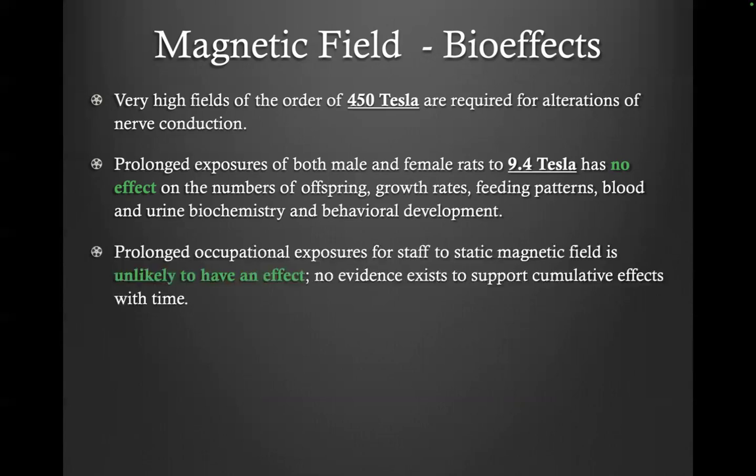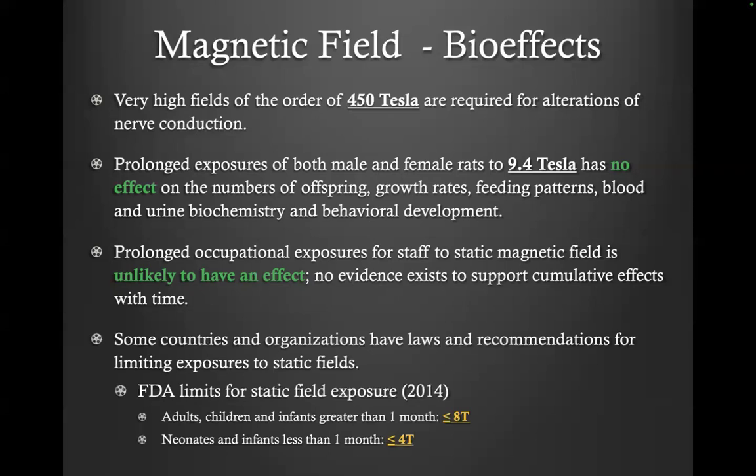And prolonged occupational exposure of staff to a static magnetic field is unlikely to have an effect. There is no evidence to support cumulative effects of MRI on the human body over time. So it's considered pretty safe.